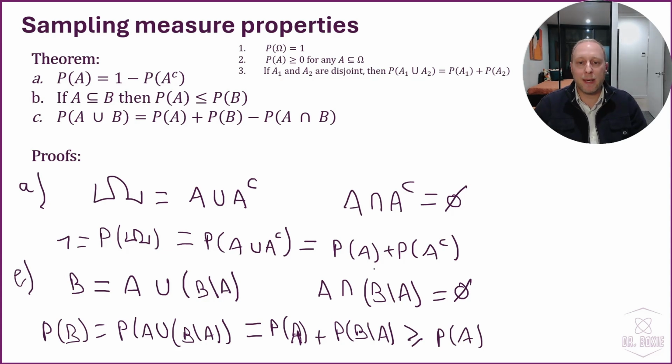We know that P of B minus A is a non-negative number. In other words, this inequality must hold, and this proves part B of the theorem.